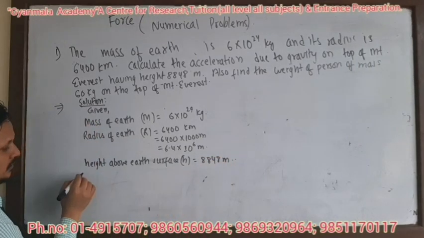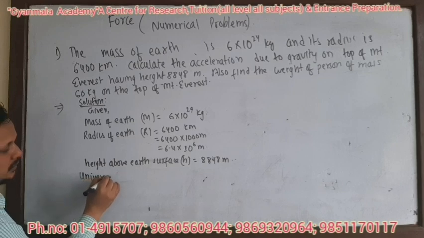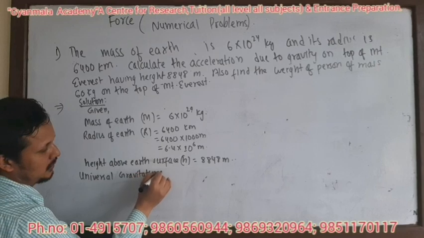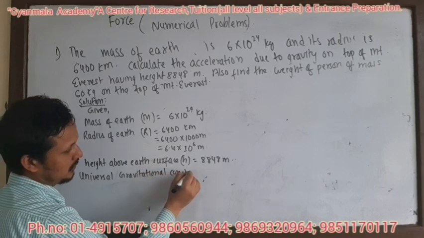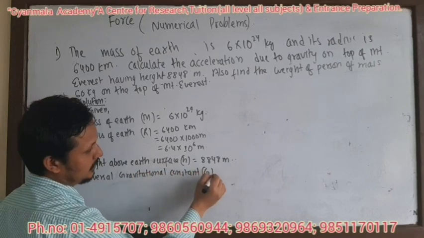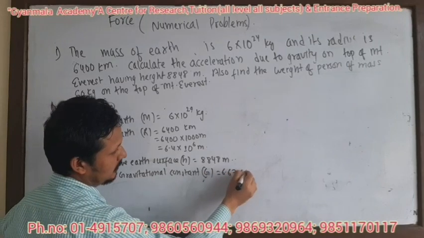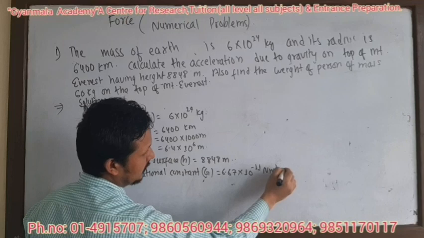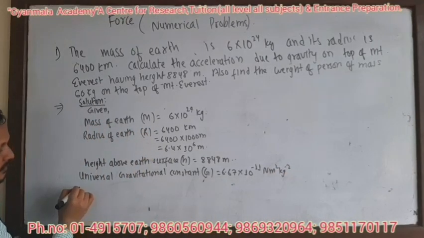Now we need the value of the universal gravitation constant. Capital G equals 6.67 into 10 to the power minus 11 Newton meter square per kg square. Acceleration due to gravity.